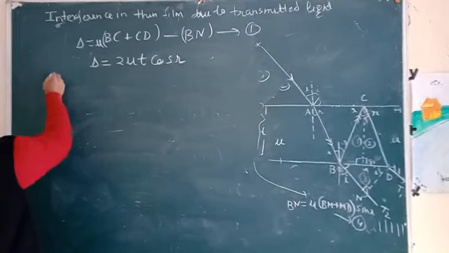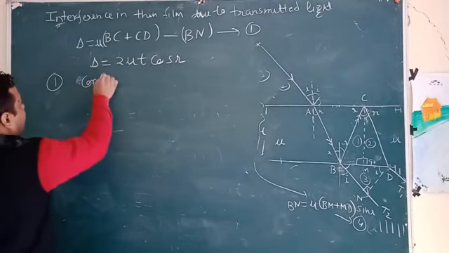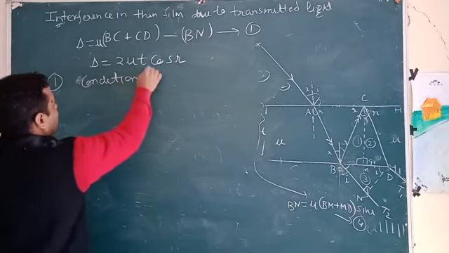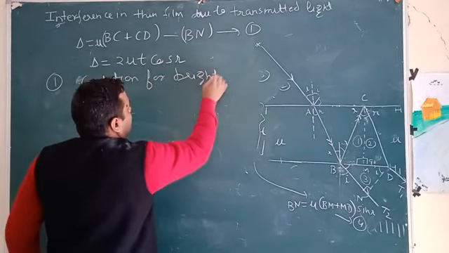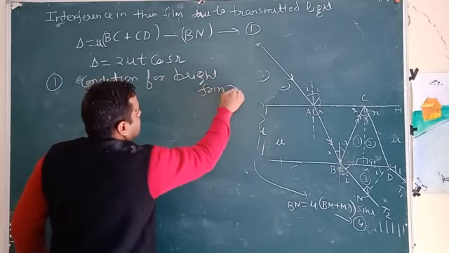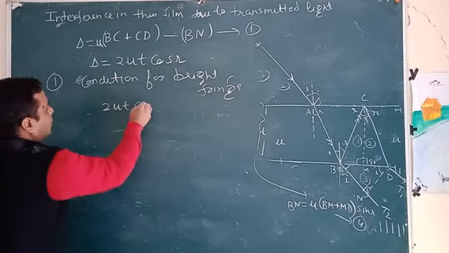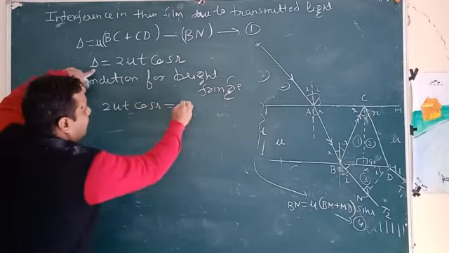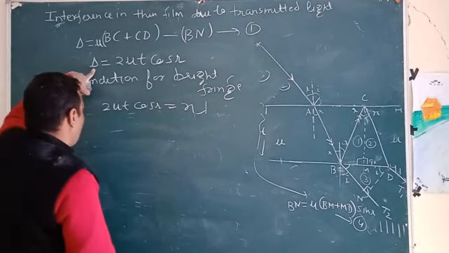Now the first case is the condition for a bright fringe: 2 mu T cos r is equal to n lambda, where n is 1, 2, 3, 4.